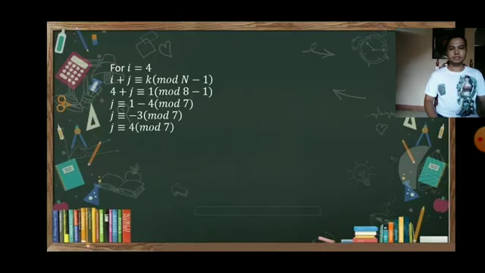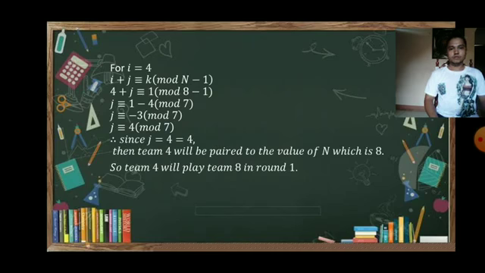And then we get j is congruent to 4 mod 7. So therefore, since j equals 4 is also equal to i, which is 4, then team 4 will be paired with the value of n, which is 8. So team 4 will play team 8 in round 1.